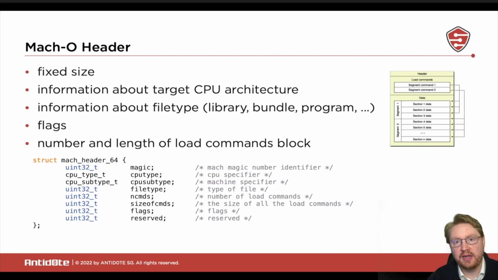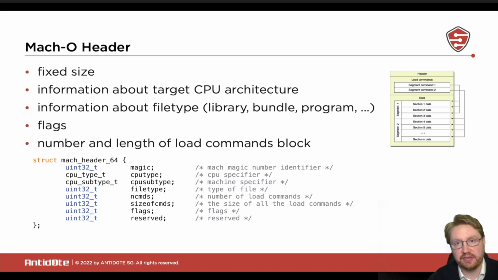Then this header also specifies what kind of file it is: a library, a bundle, the main binary, the kernel, a kernel extension, and so on. All of this is stored in the file type. There's also the possibility of adding flags, like marking the binary as position independent.